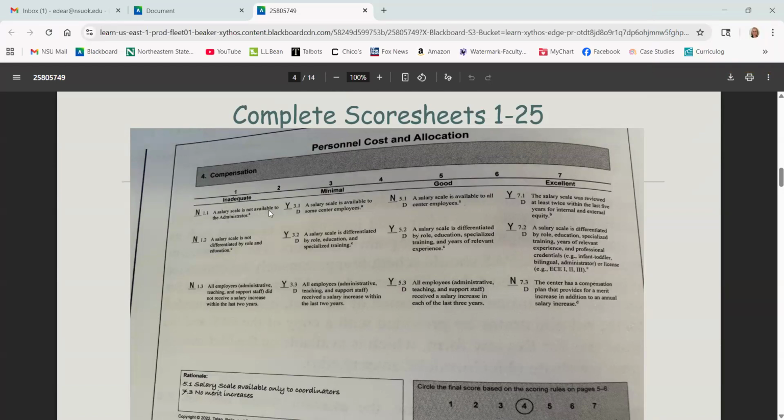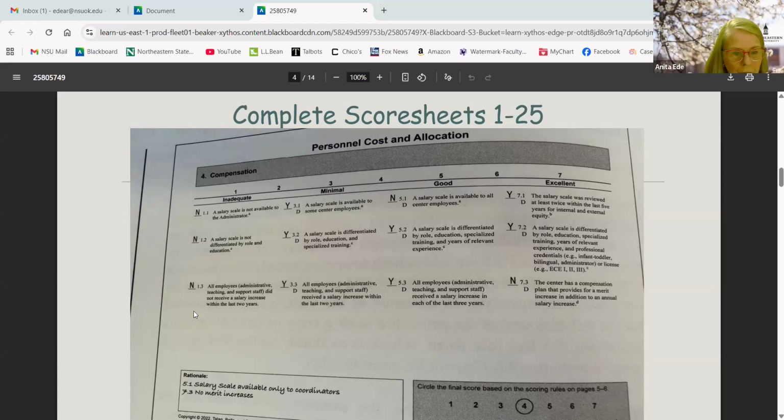If there is one available, then that would be an N, because this is the negative. So a salary scale is not available. No, that's not true. We do have a salary scale. You see what I'm saying? So N would be like not true. And you want the first column, you really want it to be not true, because if it is true, it's a dreadful place.